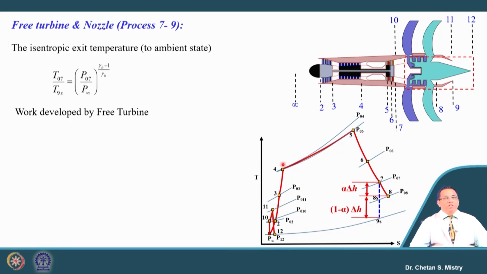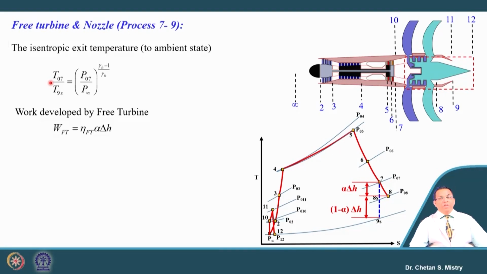So, let us try to understand here. In this case we will be configuring the process as an isentropic process, which we write as 7 to 9S. From that we can calculate the exit condition.